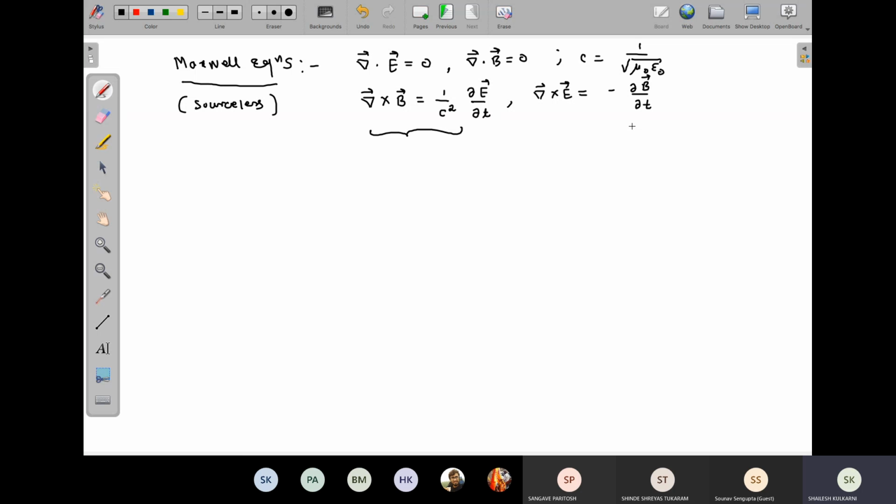For simplicity, I will assume some particular form of E and B. I will keep the functional form arbitrary, but I will choose the electric field and magnetic field in specific directions. In the K frame, all these equations are in the K frame.